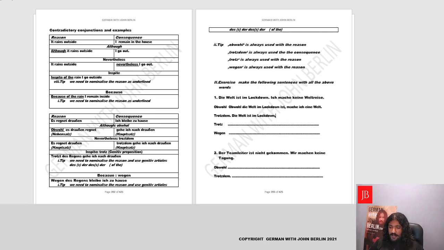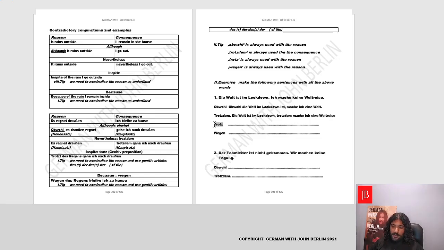Then we'll begin nevertheless, trotzdem. Then we'll write the verb. It's a main sentence, not a Nebensatz. Trotzdem mache ich eine Weltreise. Fantastic.